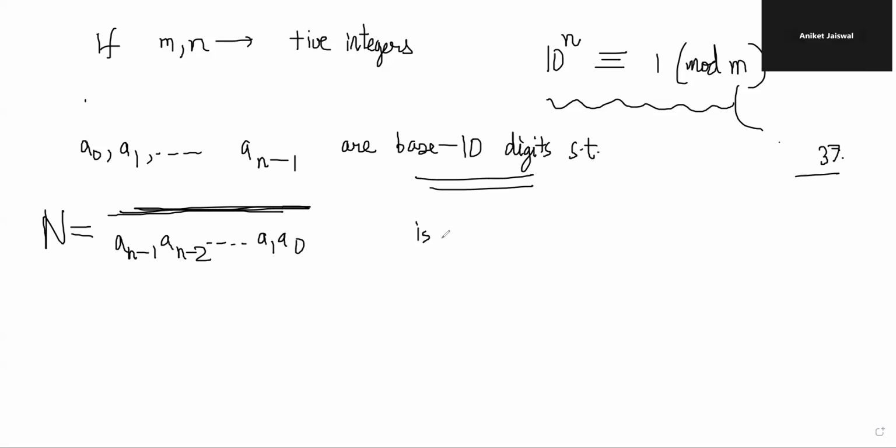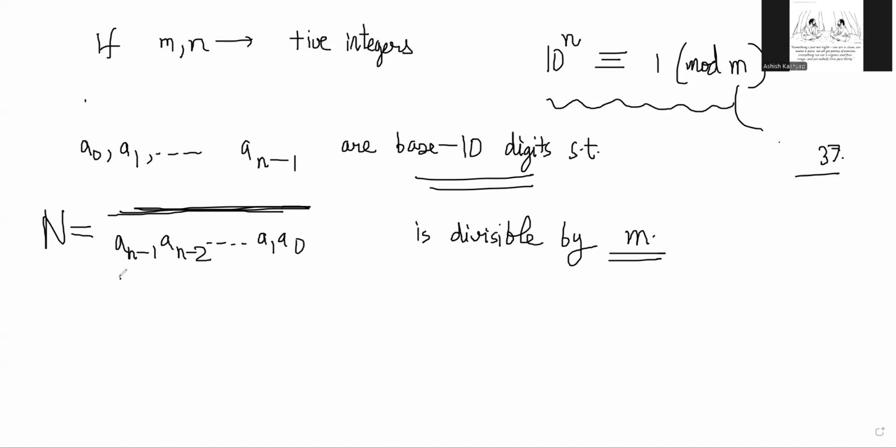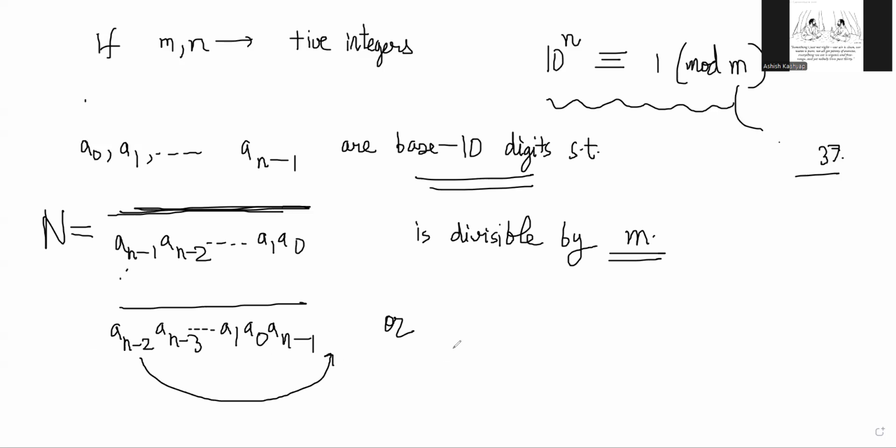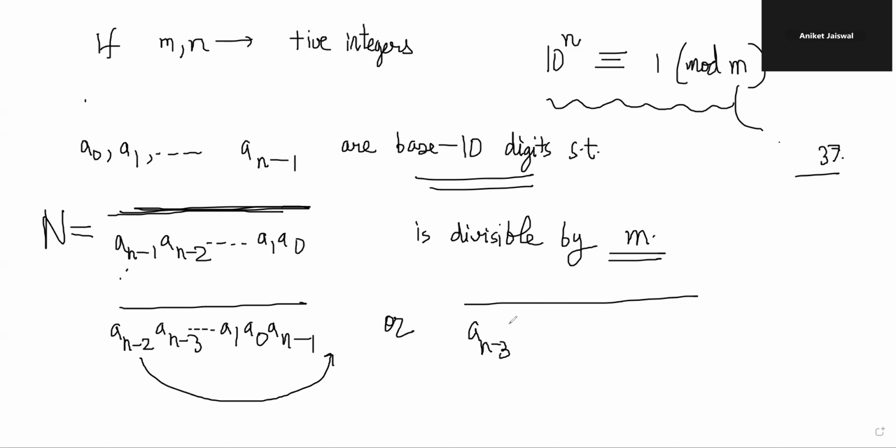And if this is divisible by m, then any cyclic ordering, if you break this at the end, any ordering an minus 2, an minus 3, a1, a0, an minus 1, right? Or bring this at the back now. Do you understand what I'm saying? All of these numbers will also be divisible by m.